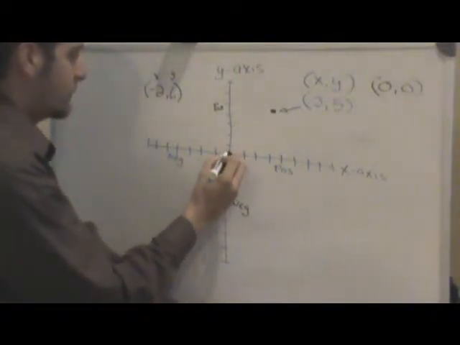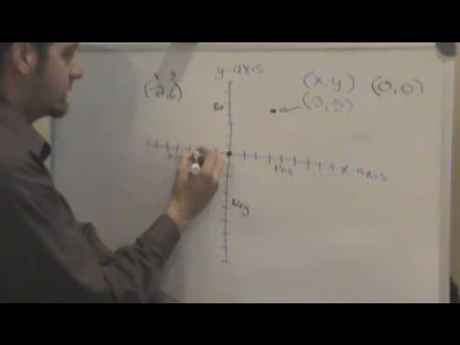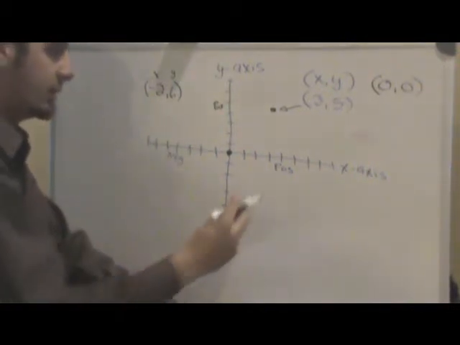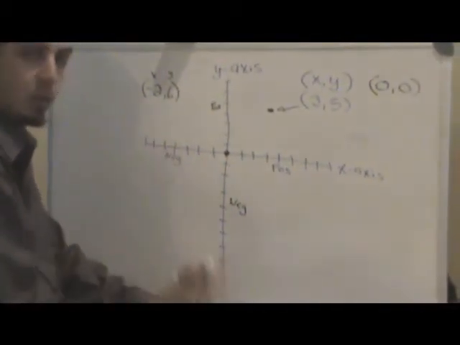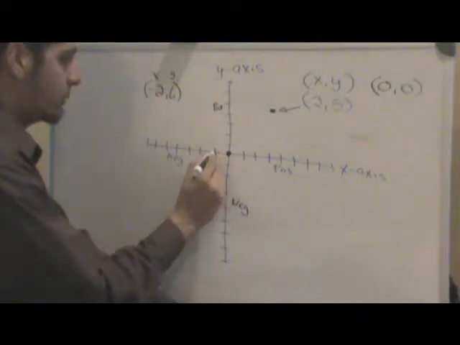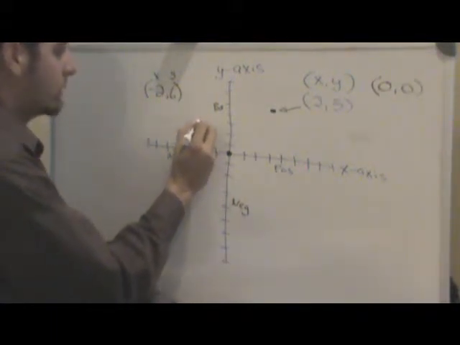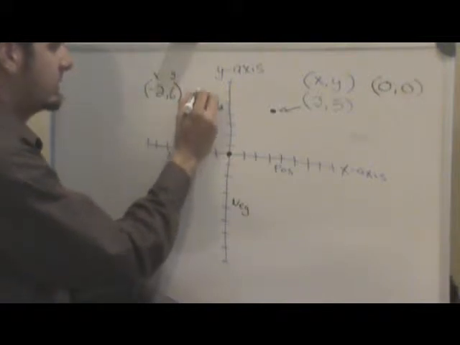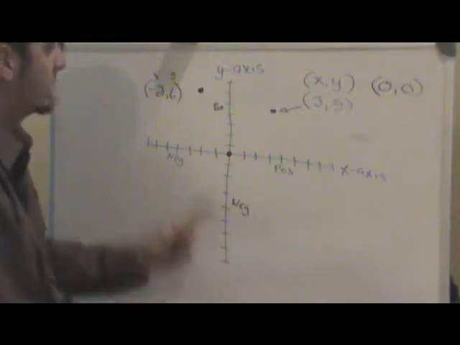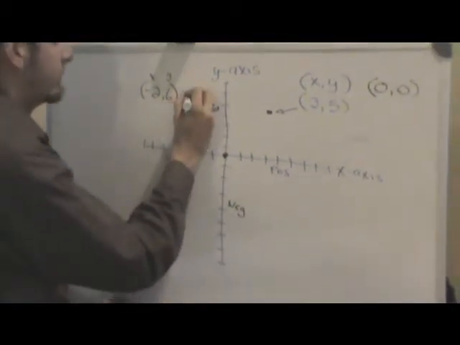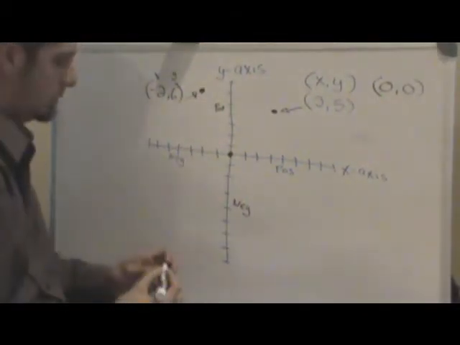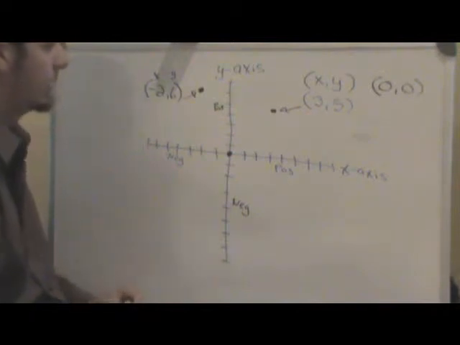So we move left 1, 2 spaces, because negative numbers, just like on the number line, move to the left. And we move up 1, 2, 3, 4, 5, 6 spaces on the y-axis. And that's where the ordered pair (-2, 6) would end up.